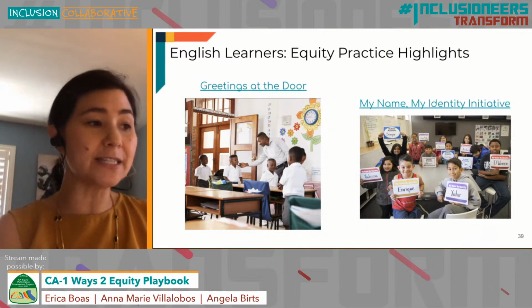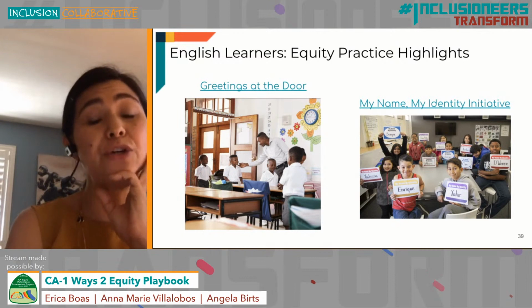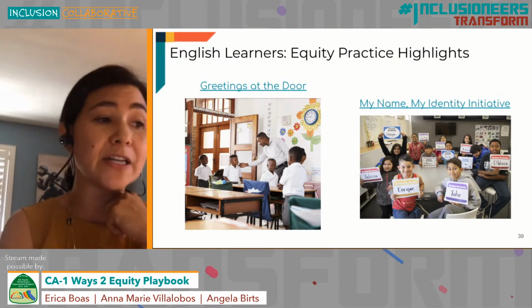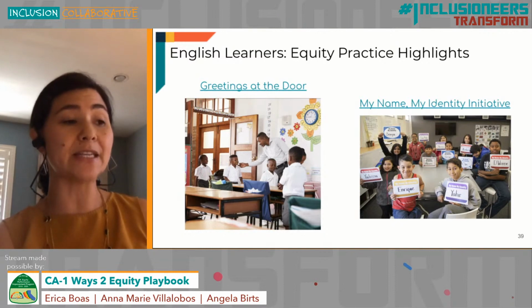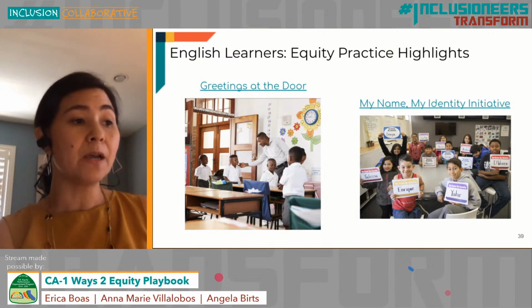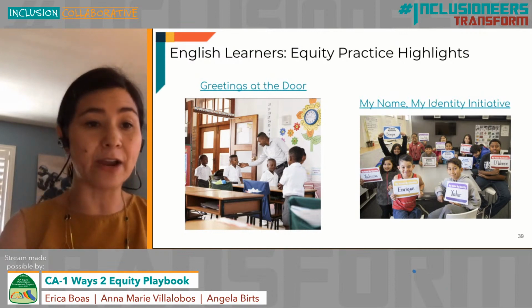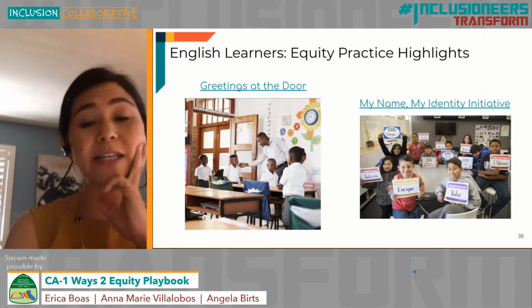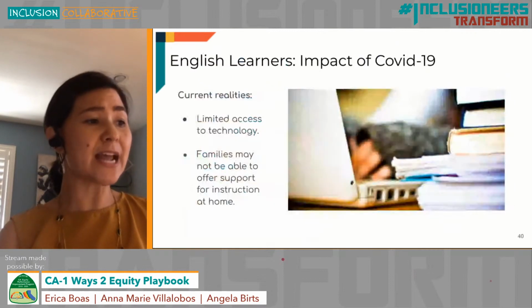While these practices seem simple enough, for English learners, they may do an incredible amount by fostering a sense of inclusion and belonging that students who are immigrants may especially benefit from. And you'll find links to resources here in the handout that we provided of our presentation that describe these practices in more detail.